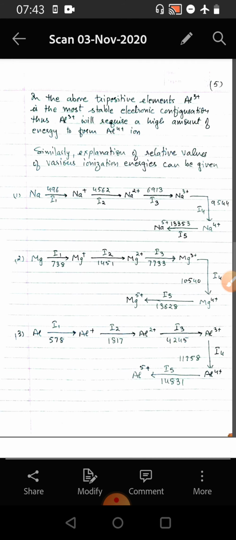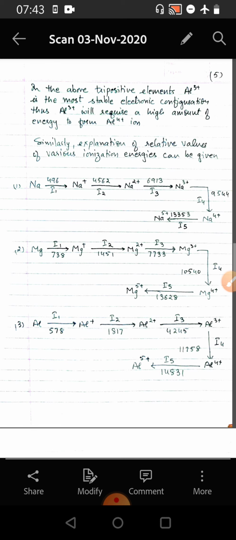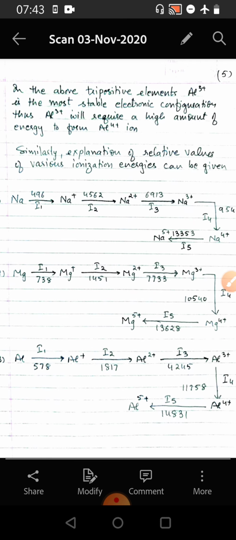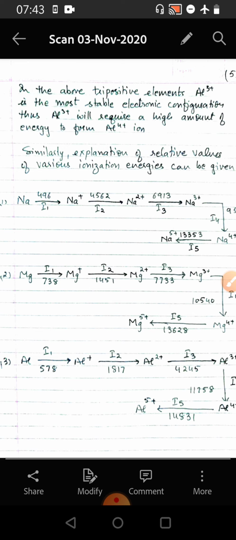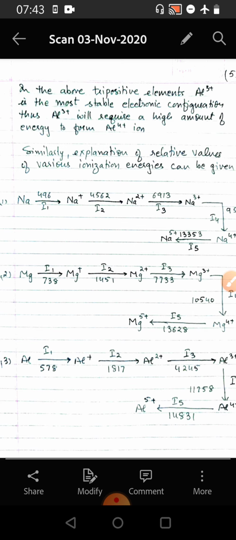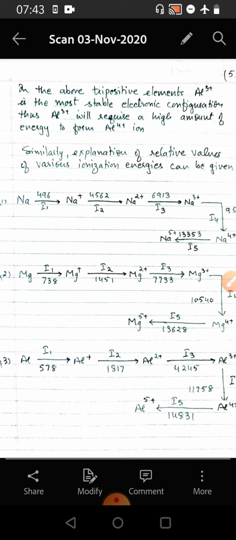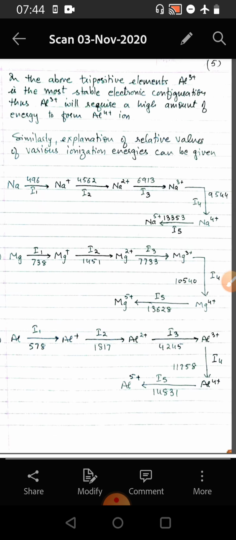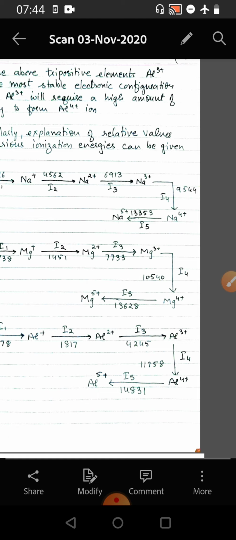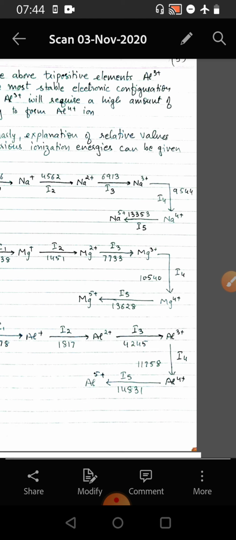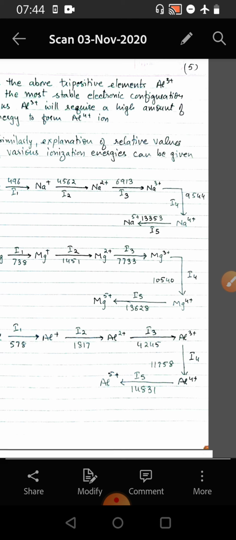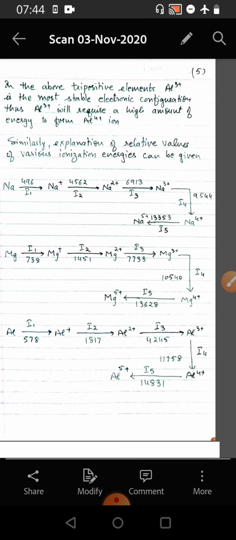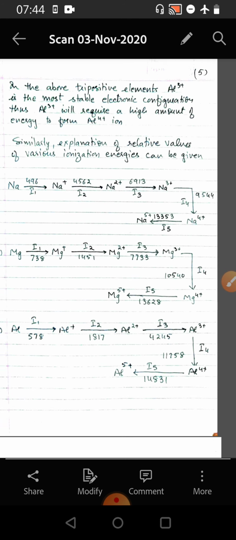Similarly, explanation of relative values of various ionization energies can be given by this schematic diagram. Sodium metal absorbs 496 kilocalorie of I1 to get converted to the monopositive ion, and this absorbs 4562 kilocalorie of I2 to get converted to sodium 2 plus. As we see, as the plus charge is increasing, the ionization energy is increasing to quite a high degree.